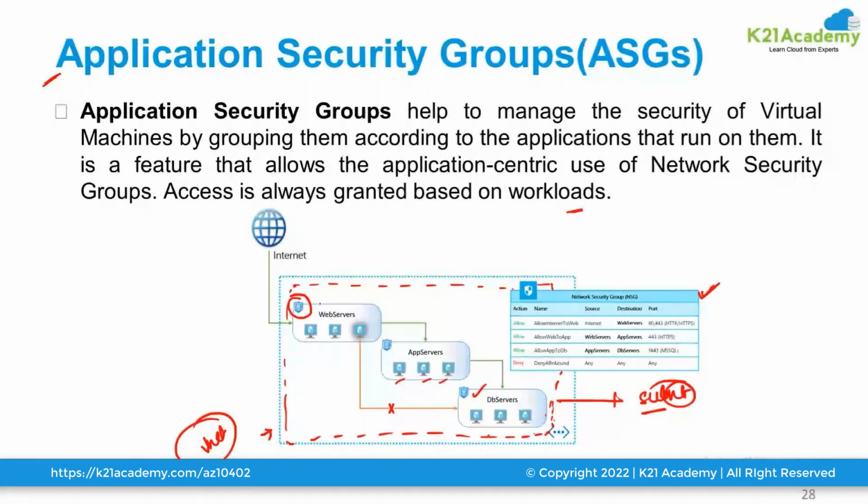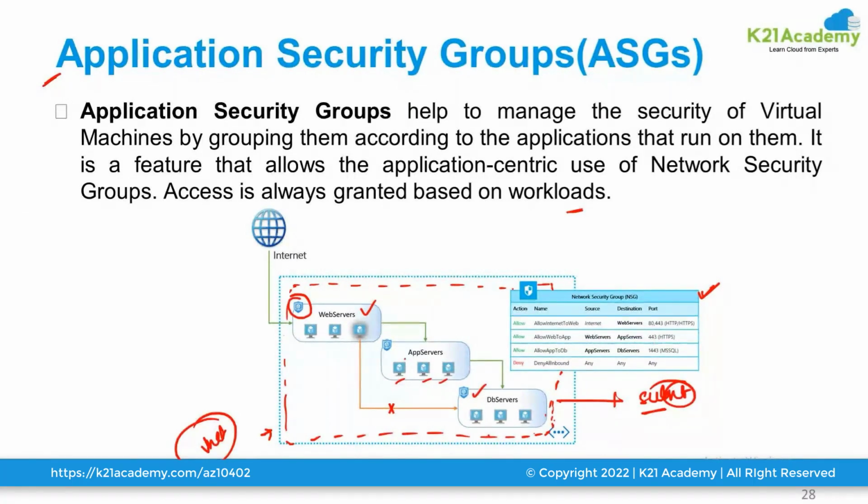Now once you have added these servers to different application security groups, you can create NSG rules based on top of these ASGs. So you can see here what we are doing. Allow web to app, this is the name. So web servers can connect to app servers at port 443.